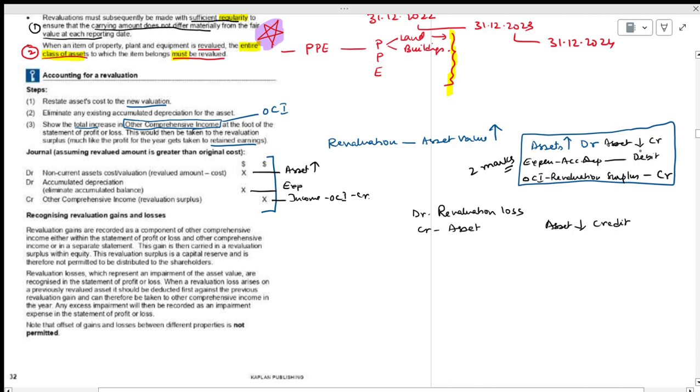Good. You ask questions, it will be more clarified. Because we have to follow the rules. What is the rule? Debit all expenses and losses. Because we debit all expenses and losses, we are debiting revaluation loss. And the asset value is decreasing. Whenever the asset value decreases, as I have mentioned here, it should be credited.